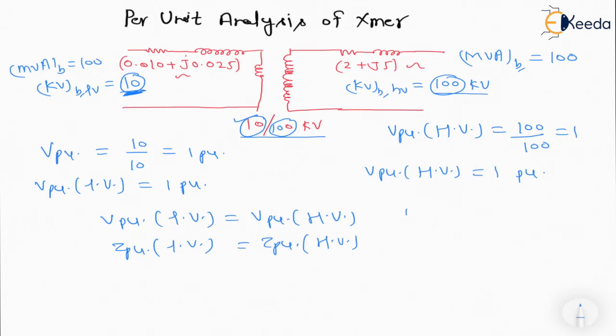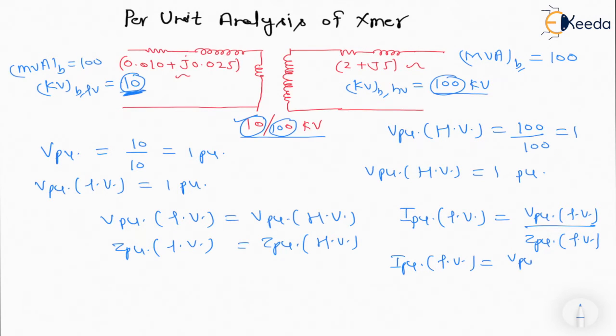So what we can write is I per unit of LV will be equal to V pu of LV upon Z pu of LV, and since V pu of LV is equal to V pu of HV, and Z pu of LV is equal to Z pu of HV, V pu of HV upon Z pu of HV will become I pu of HV.